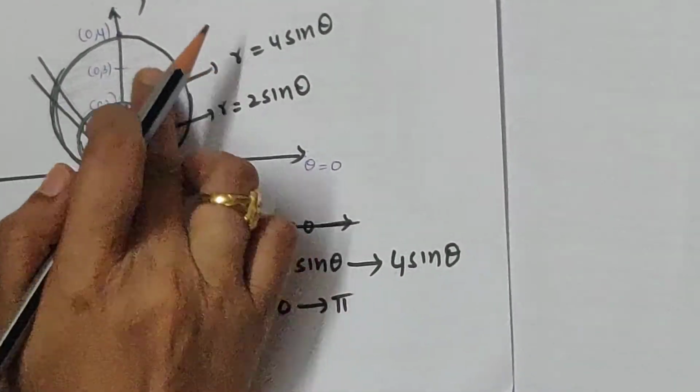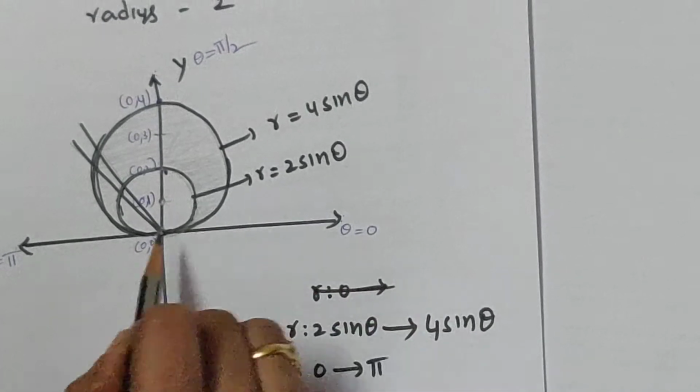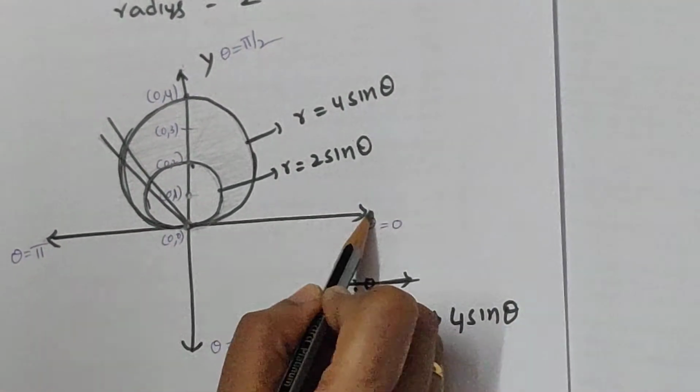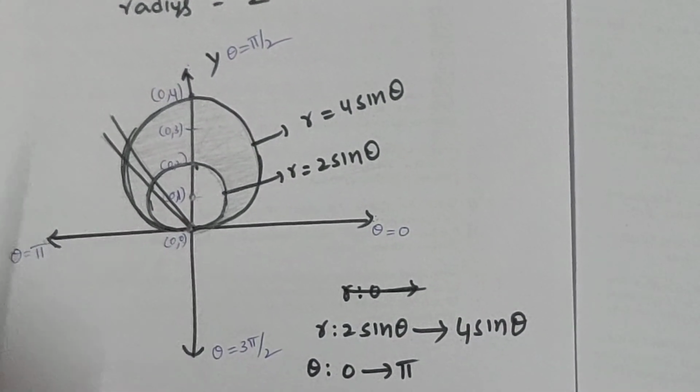The whole region lies above the x-axis, so theta limits are from 0 to pi.